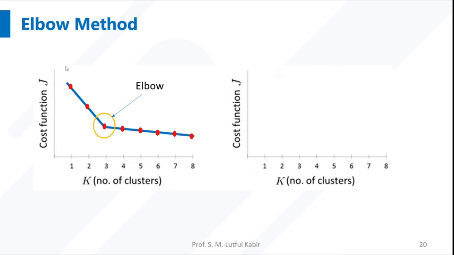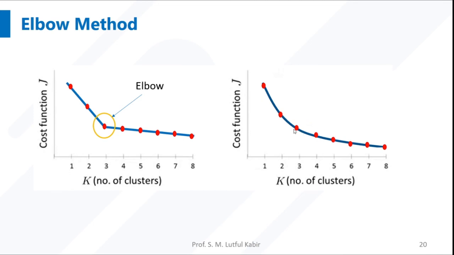So for your data points, you have to exercise this part of the explanation, and then you decide which should be the k value. But not always will you get this kind of curve. Sometimes the curve may be like this one, where it is difficult to find the elbow.